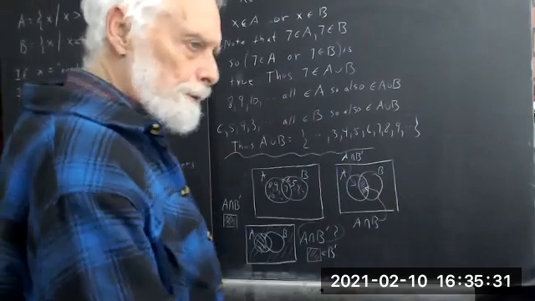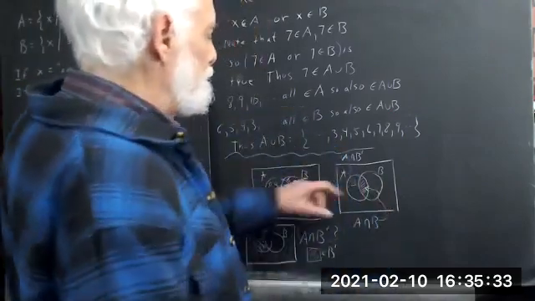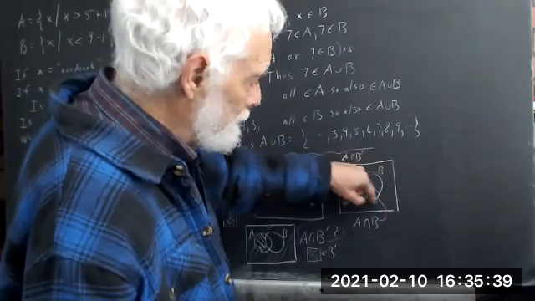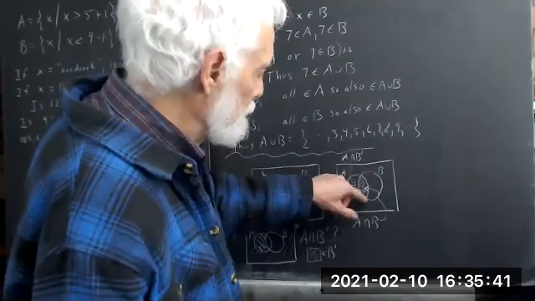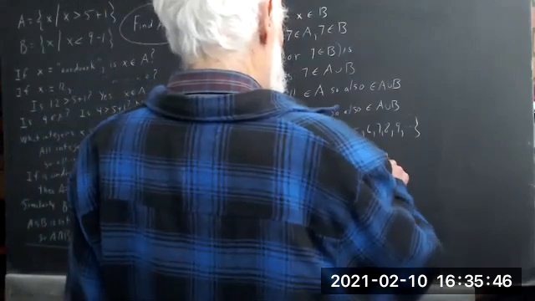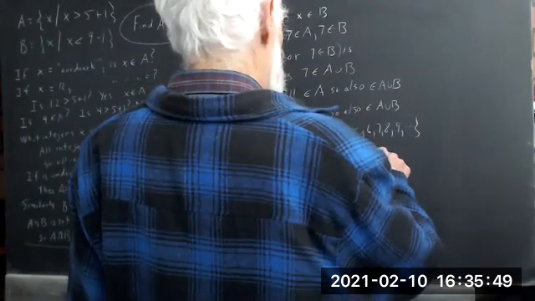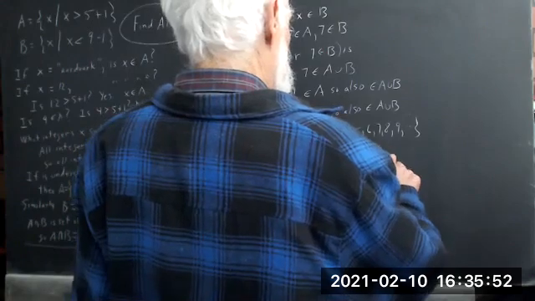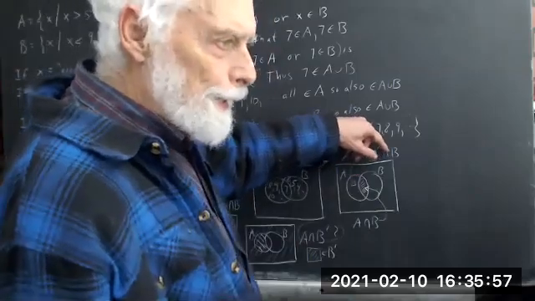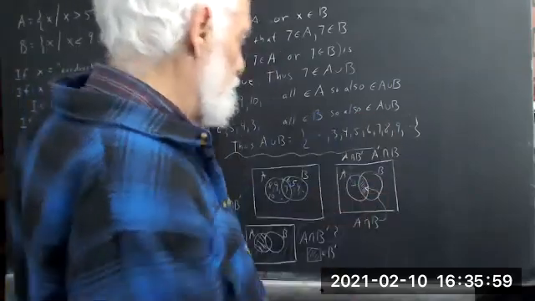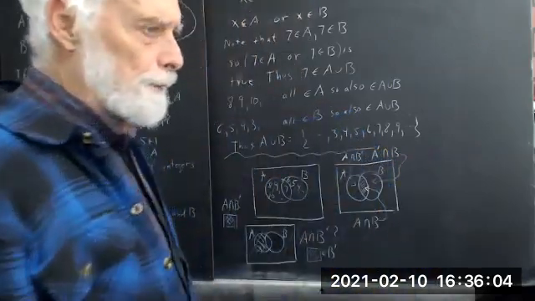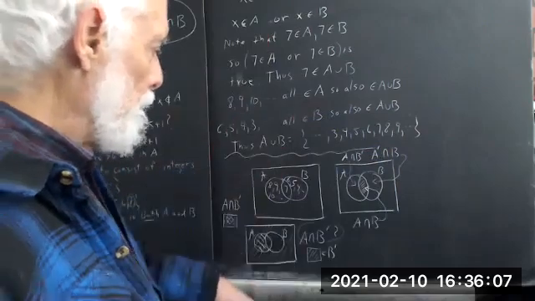And similarly, we can say that this region here, bounded by this circle and this part of this circle, I'll write it in alphabetical order, is A prime intersection B. Everything outside of A and in B. That's here. That would be this section, this part of the diagram.